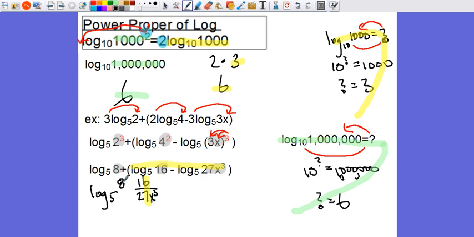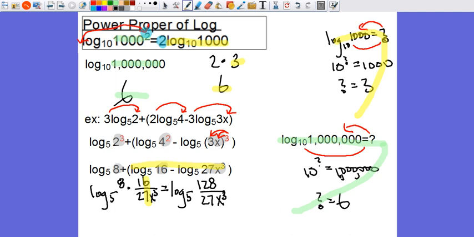8 times, and times because this plus means times. Now, you're going to get log base 5 of, you do 16 times 8, which becomes 128 over 27x cubed.